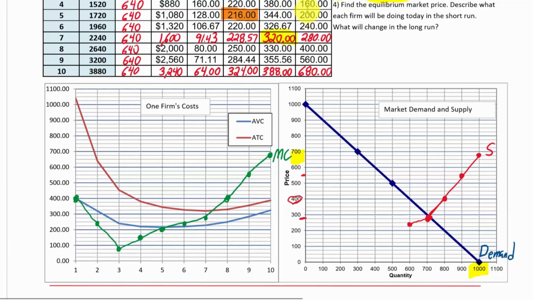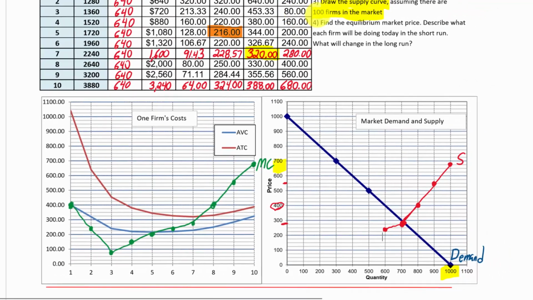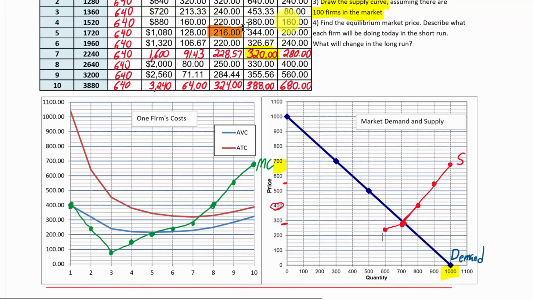And our next marginal cost on our list is $200. So if the market price was $200, how many units would each of these firms want to produce? If we look over here, it says 5, but that's not the case. Why not? Why would we not see people producing 5 units if the market price was $200?